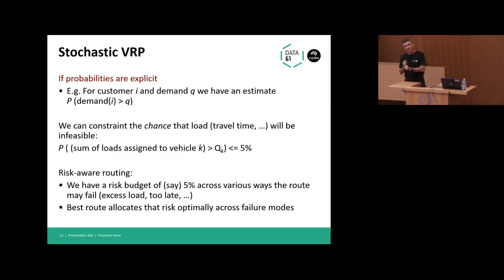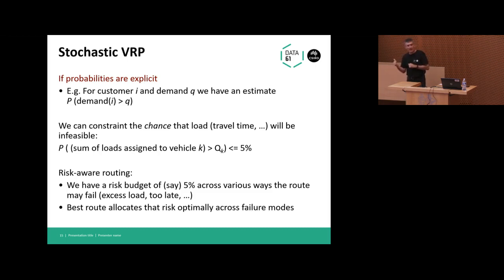If you've actually got the probabilities, if you've got enough data to come up with a PDF for the load constraint, for instance, then you can do something like chance constraints that say that the probability of exceeding the capacity is less than some given probability, and you can design your routes around that probability.